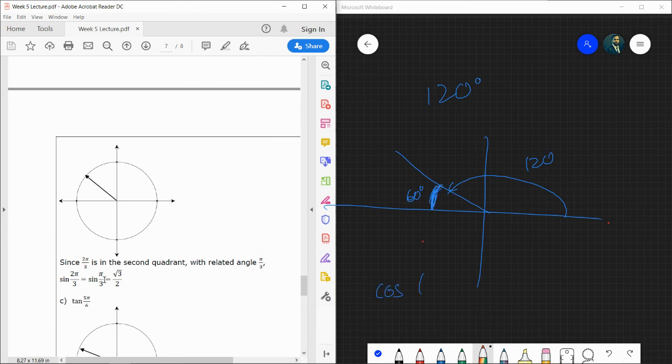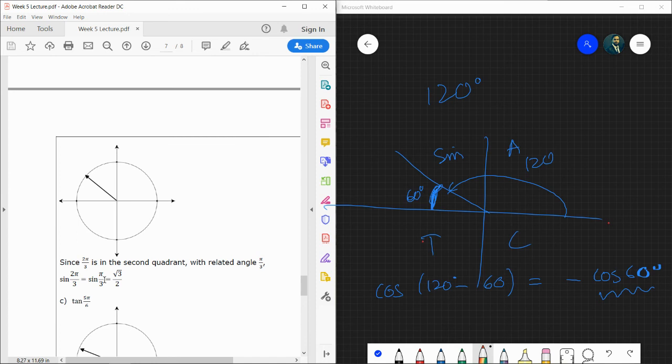Cos of 180 minus 60. But remember, this is the second quadrant. All stations to central. So cos is negative there, cos is not positive. So it must be minus cos 60. Now we already know cos 60, so we can get the value of cos 60.